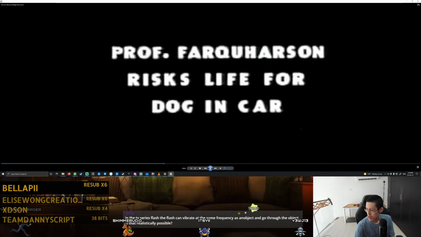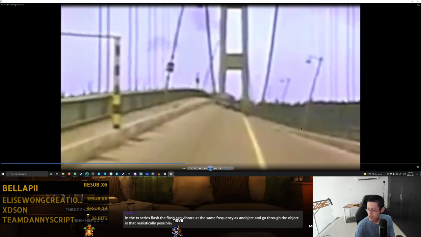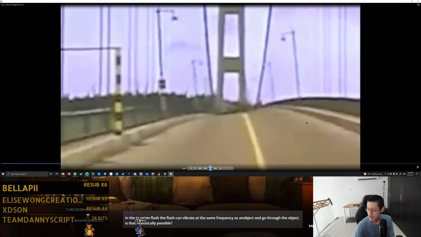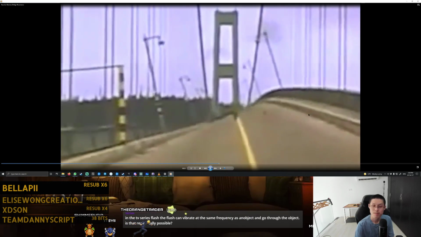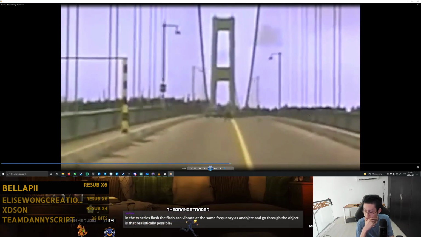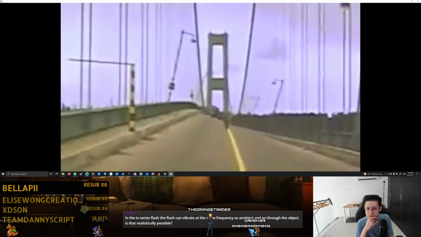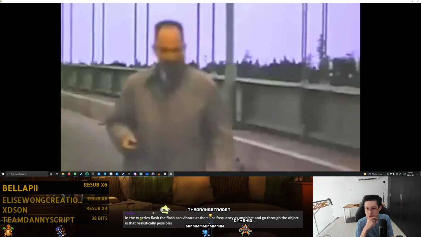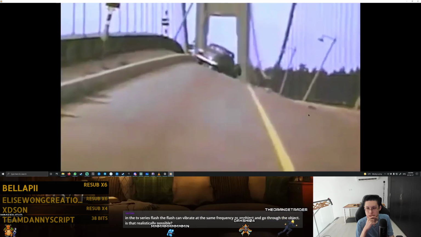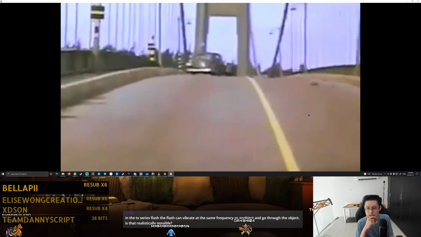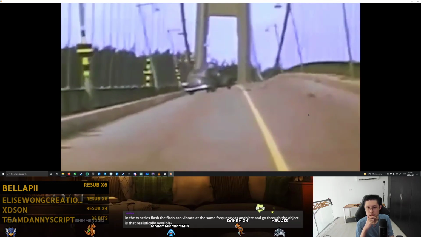In the TV series Flash, Flash can vibrate at the same frequency as another object and go through the object. Is that realistically possible? Well, in order to go through another object, technically you are diffracting through an object.